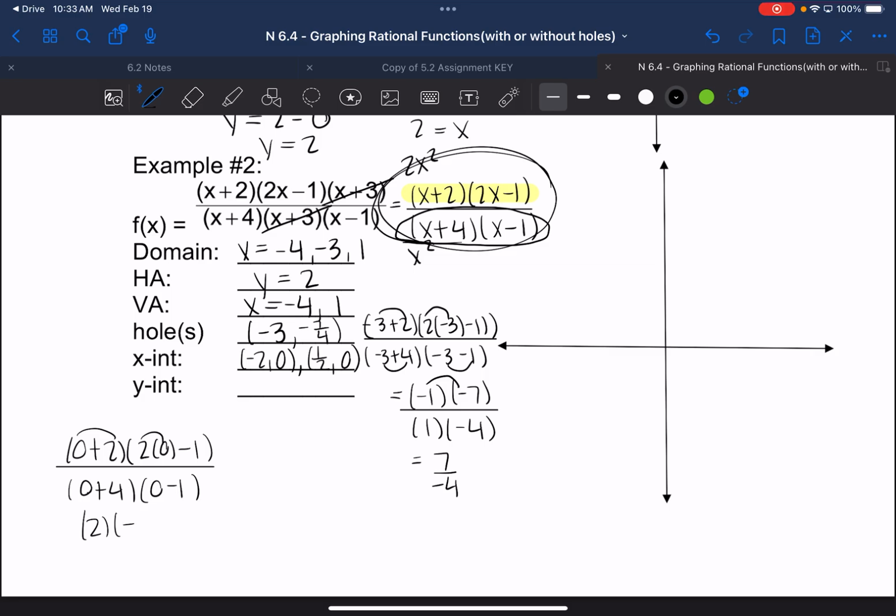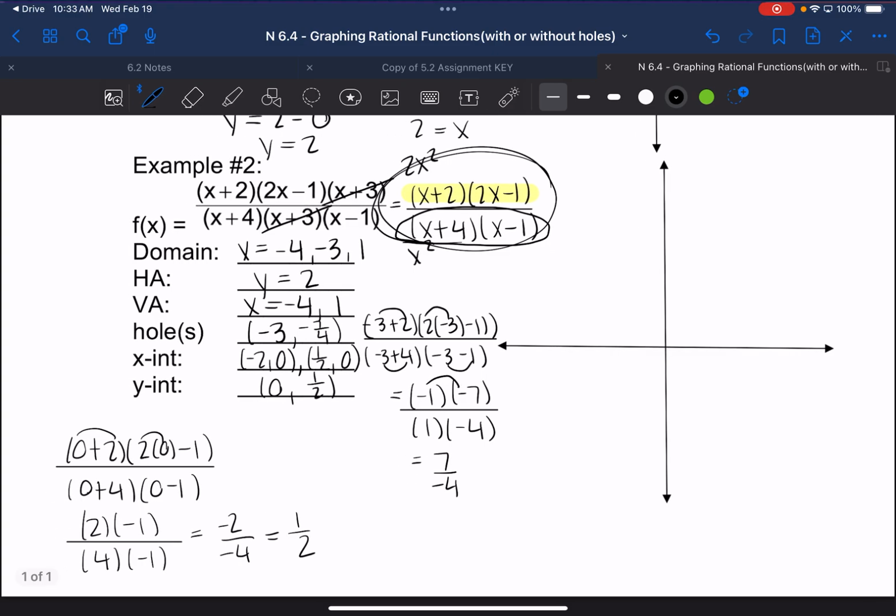So I'm going to have 2 times -1 in the top. Then in the bottom, 0 plus 4 is 4. 0 minus 1 is -1, right? So I'd have -2 over -4, which simplifies to 1/2. So we have a y-intercept at 0, 1/2.